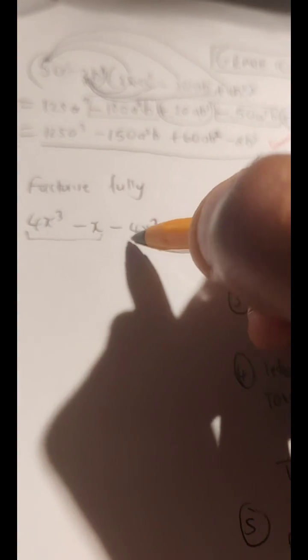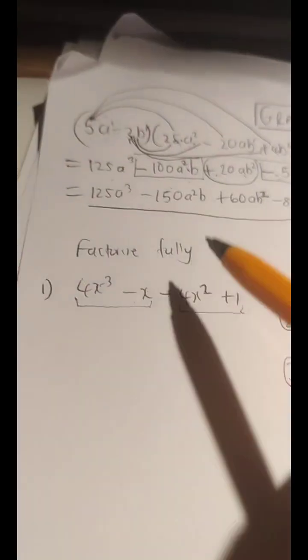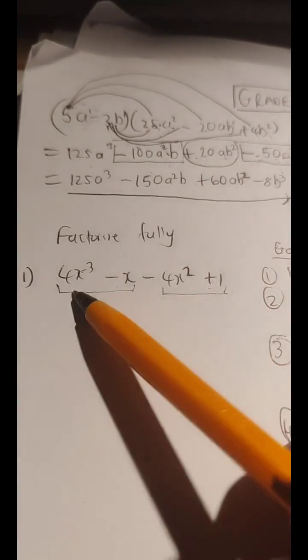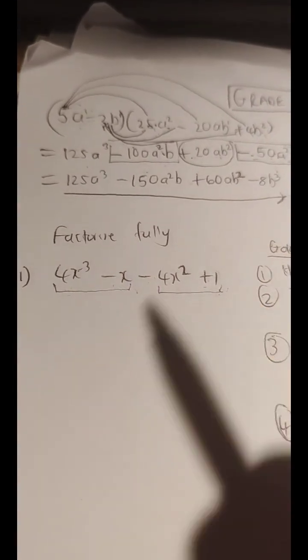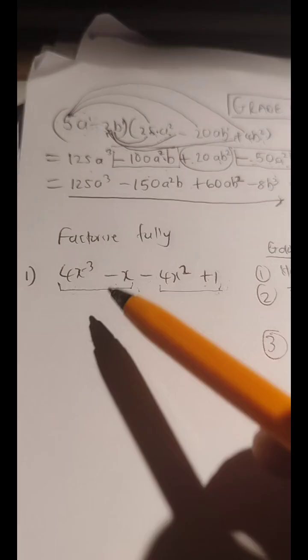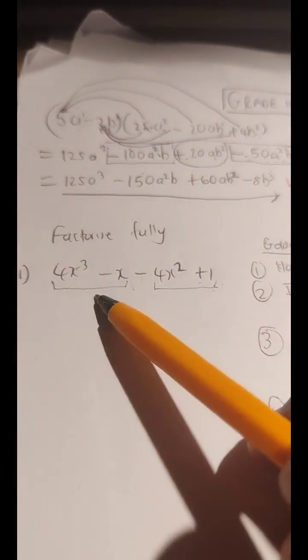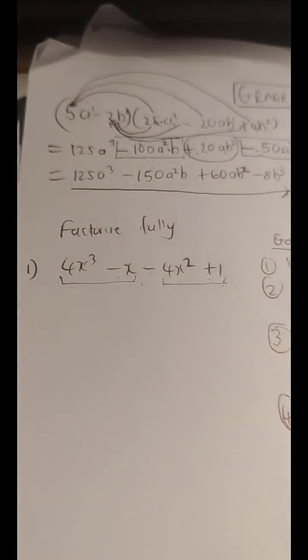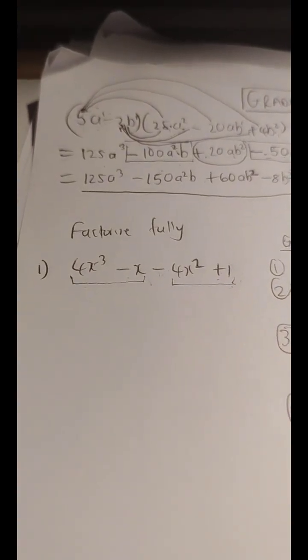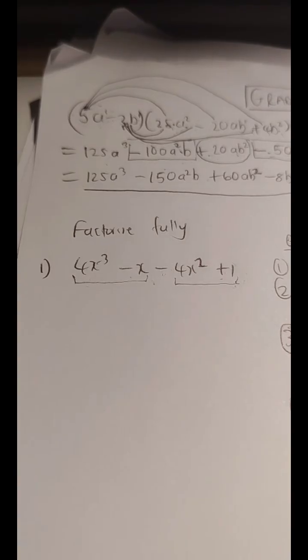So what we are going to do is we are going to group in the ratio 2 is to 2. A pair of 2, a pair of 2. Then in each pair, we are going to take out a common factor, a highest common factor. So if you look at this first pair of terms, what is the highest common factor in this first pair of terms? Let me allow you guys in the comment section to go wild.